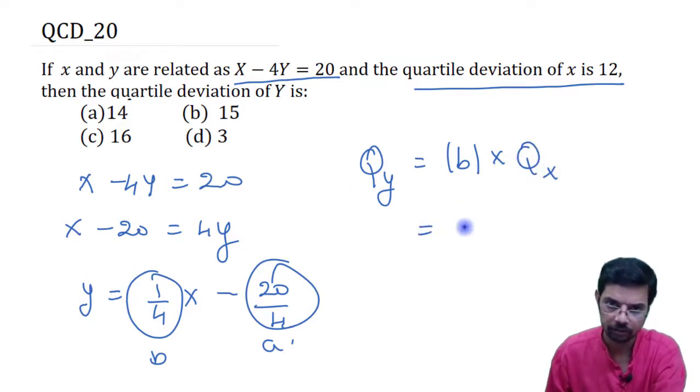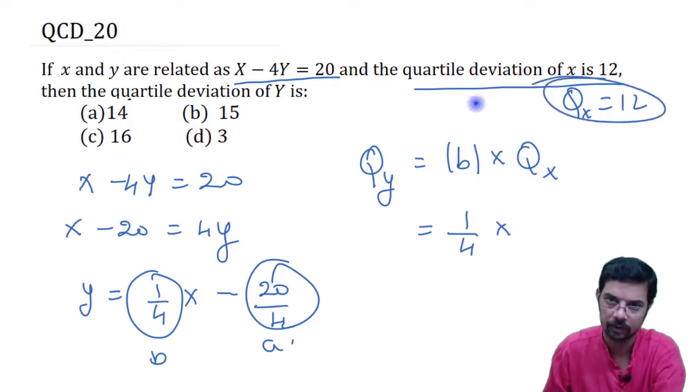Modulus of B is 1 by 4, and the quartile deviation of x is given to you as 12, so Qx is equal to 12. We shall put 12 here, so 1 by 4 into 12 is equal to 3.